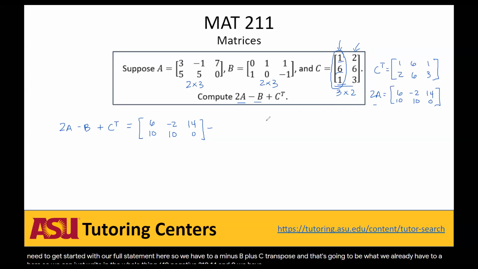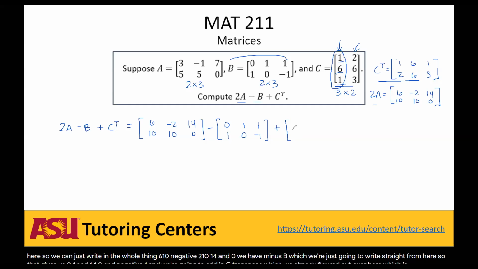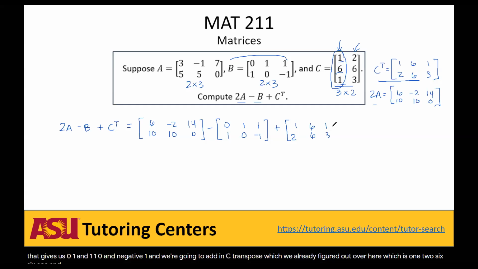We have minus B, which we're just going to write straight from here: 0, 1, and 1, 1, 0, and negative 1. And we're going to add in C transpose, which we already figured out over here, which is 1, 2, 6, 6, 1, and 3.